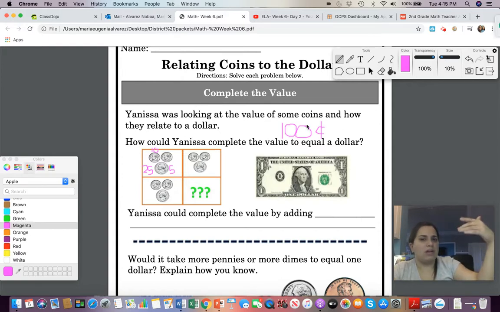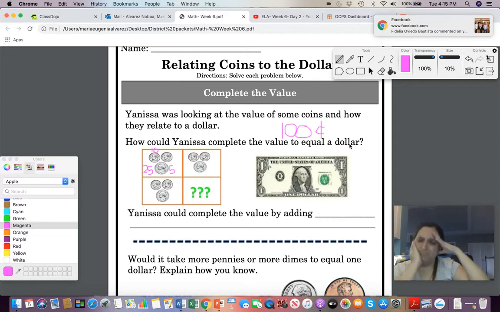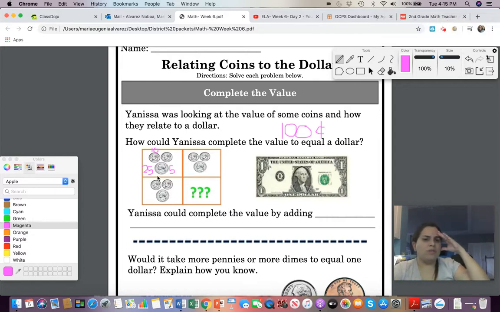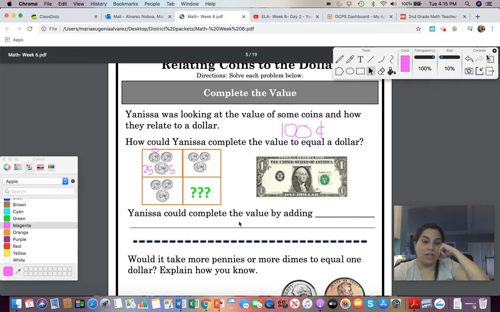Remember that a dollar has 100 cents. If you have 25 plus 25 plus 25, how much is that? And then how much more do you need to make a dollar or 100 cents? So Yanisa could complete the value by adding... How much do you need? This is what you have to write down here.